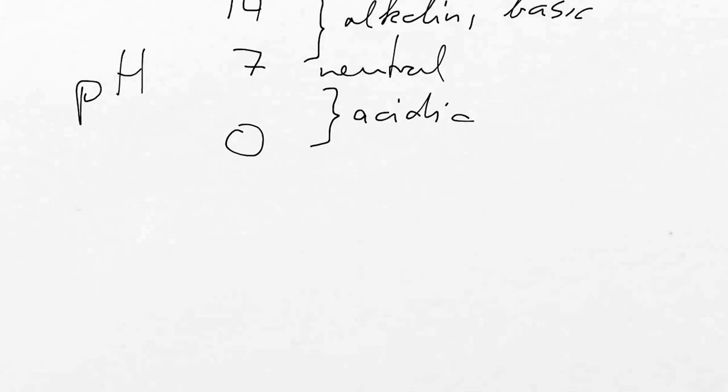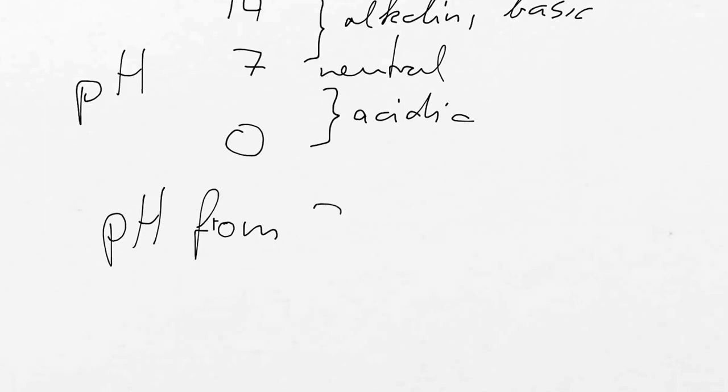Here's another question. Let's say I change the pH from 2 to 1. So on my pH scale, I go from 2 to 1. What is the change in the proton concentration?